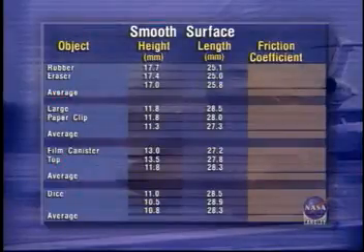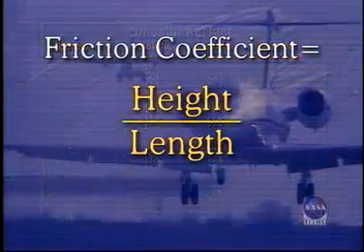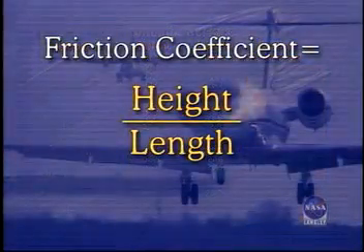Using these averages, we will apply Jones' formula to find the friction coefficient. That formula is friction coefficient equals height divided by length.